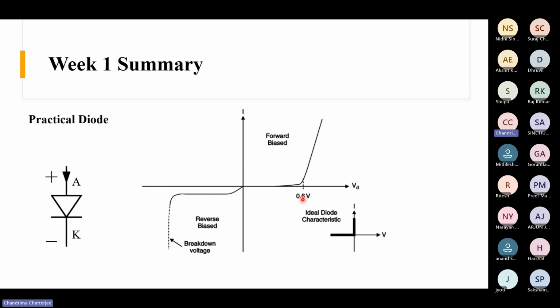Typically it is 0.6 volt if we just assume. So this voltage is called threshold voltage or cut-in voltage. Whenever a diode is forward biased and you are applying a forward voltage across it, unless we exceed this voltage, the diode can't start conducting. Only when we exceed this 0.6 volt does the current start rising, right?